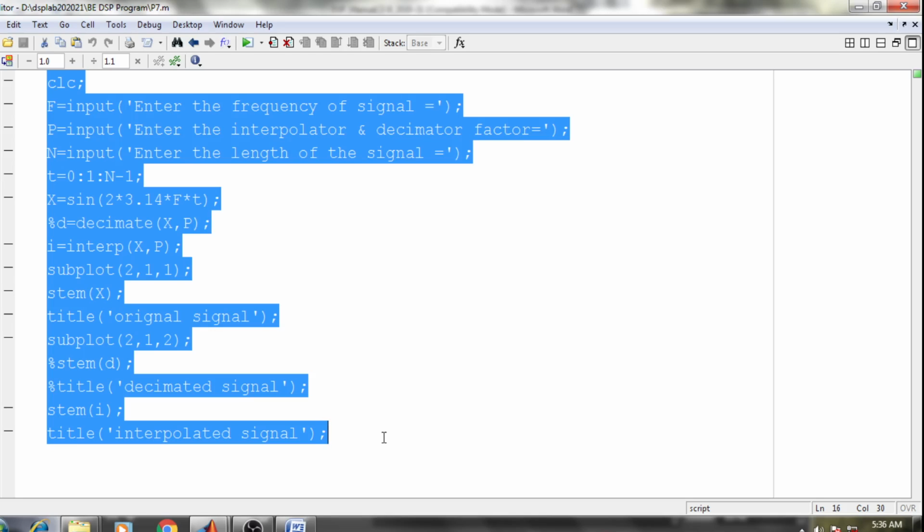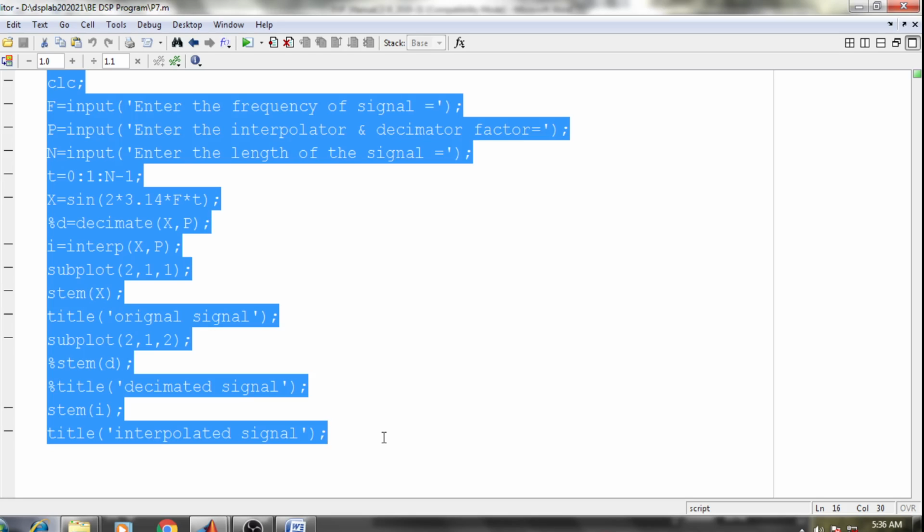Now we are designing the interpolator, so the interpolation factor will be decided by you. Similarly n will be the input; it tells you the length of the signal, which will be decided by you. So these three parameters are necessary.